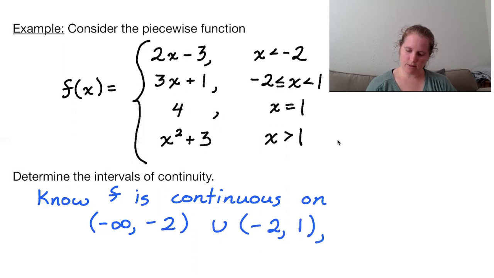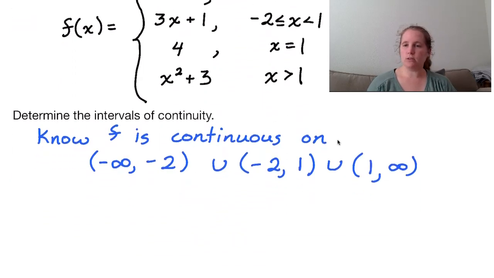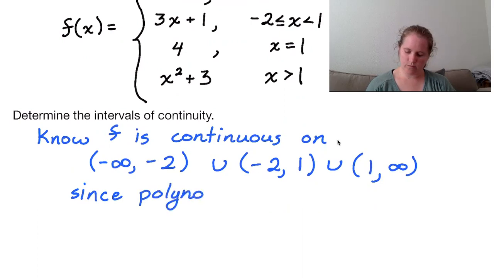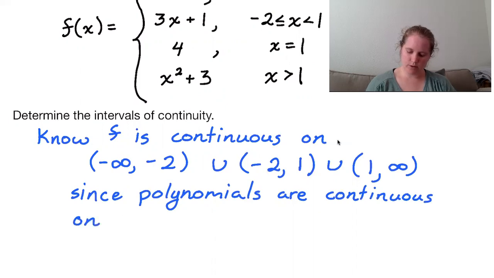And we know it's continuous from 1 to infinity. We know this just off the bat since polynomials are continuous on the real number line, so on R.